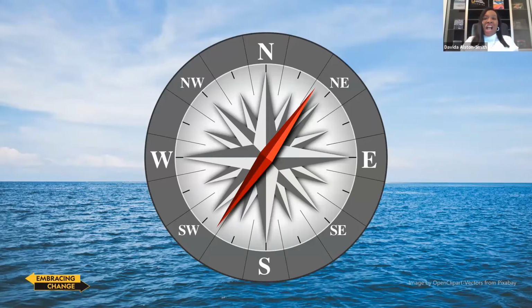One activity that I always used to like to do with my staff at the beginning of the year, I call it the Compass Rose activity. It's a great team building activity, and I feel like sometimes during these times we need to do a well-being check and do some team building together.